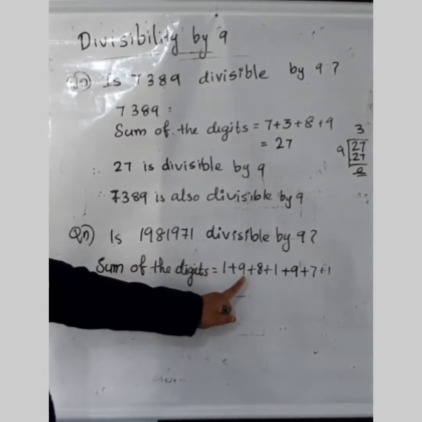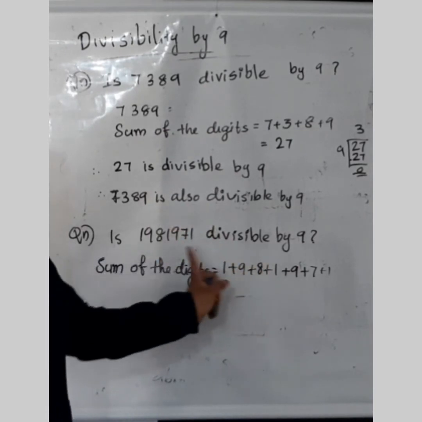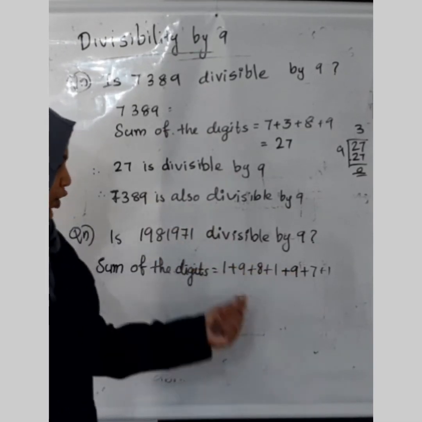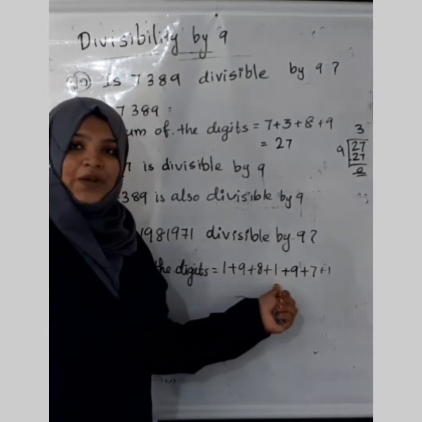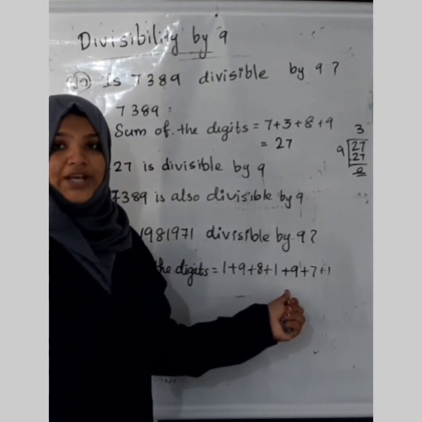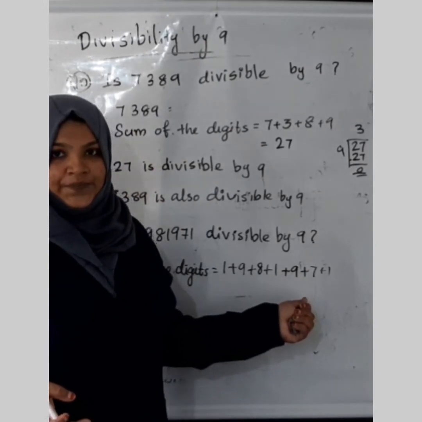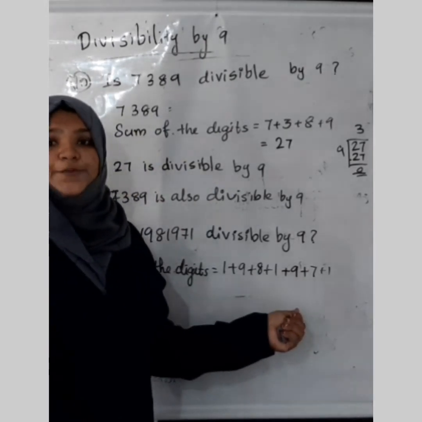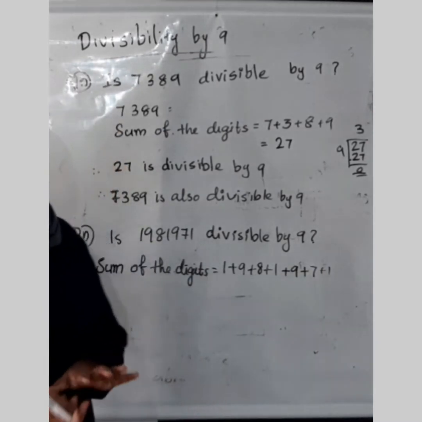So 1 plus 9 plus 8 plus 1 plus 9 plus 7 plus 1. 1 plus 9, 10, 10 plus 8, 18, 18 plus 1, 19, 19 plus 9, 28, 28 plus 7, 35, 35 plus 1, 36.